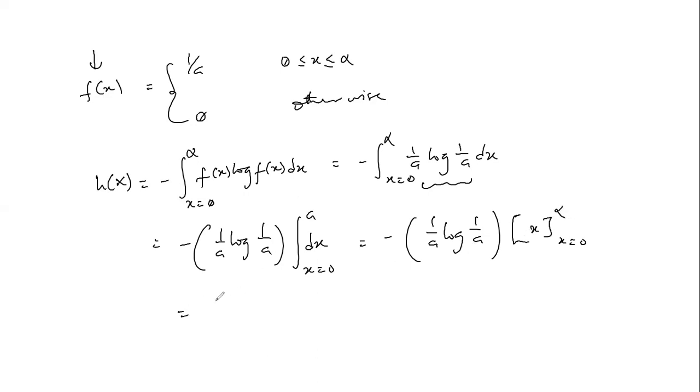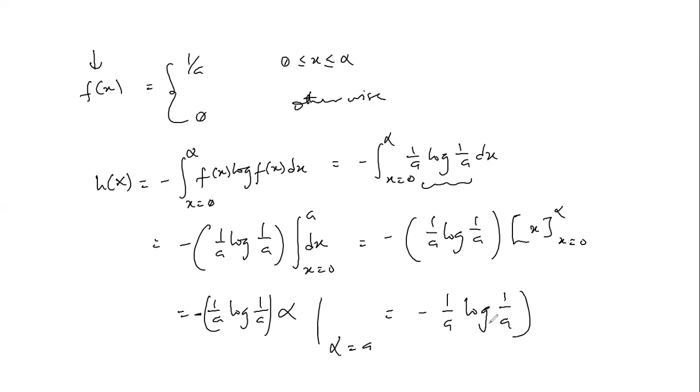Then this is going to give us 1 over a negative, into bracket, log 1 over a. That will be x minus 0, that's alpha minus 0, then alpha. Now, should alpha be the same as a, then this will be the same as negative 1 over a log 1 over a times a.